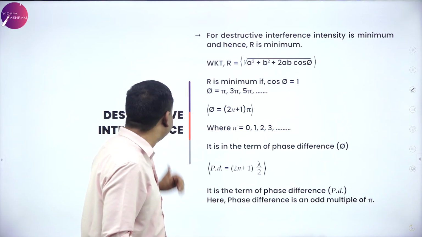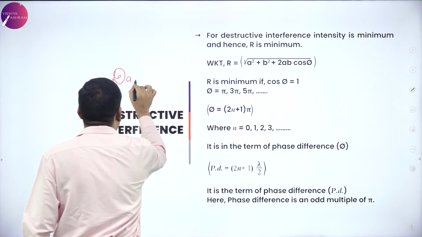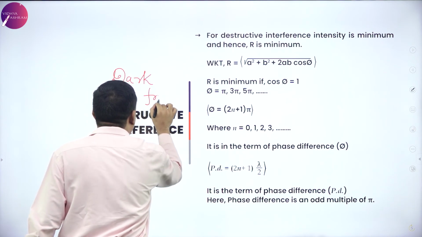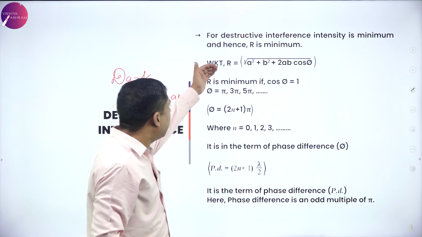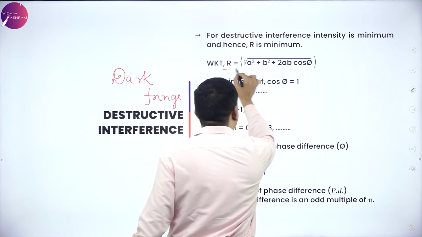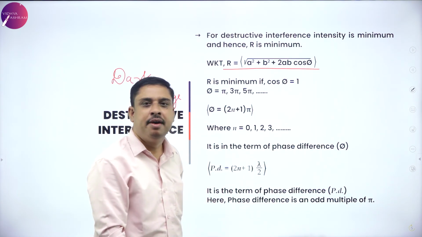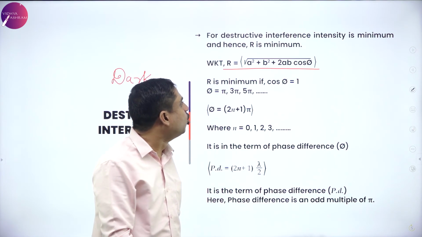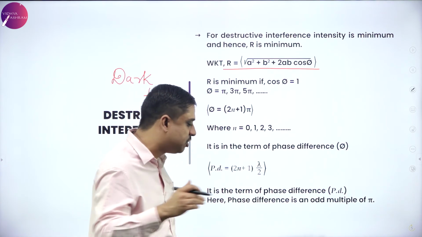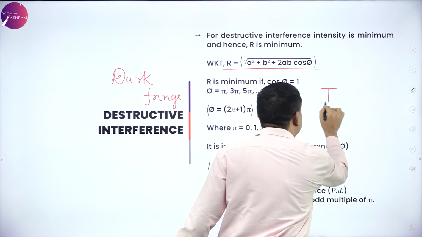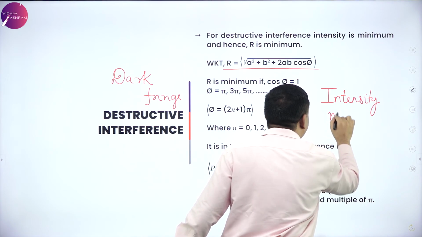Similarly, destructive interference is the formation of a dark fringe. Again, the same expression, R is root A square plus B square plus 2AB cos phi. Now it is a dark fringe, which means the other way, intensity has to be minimum.